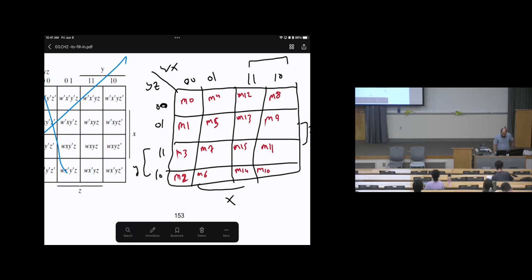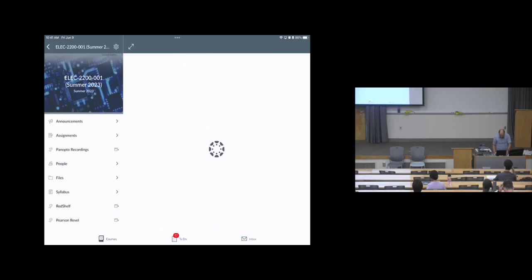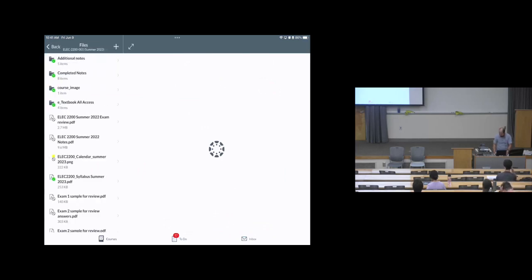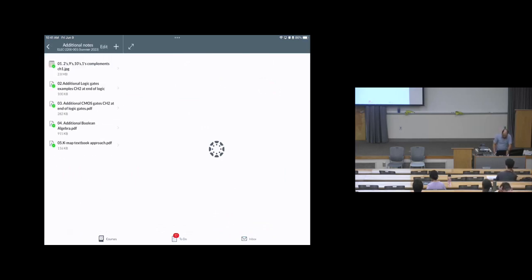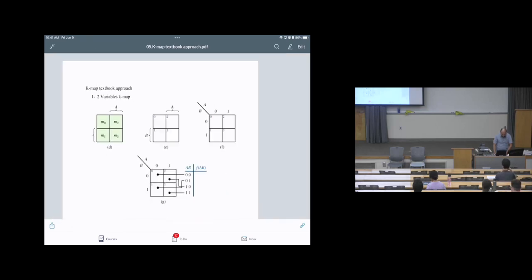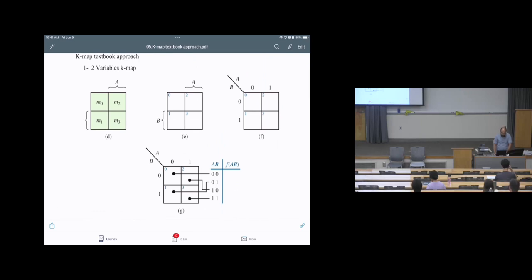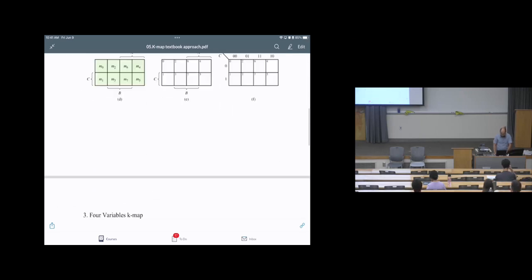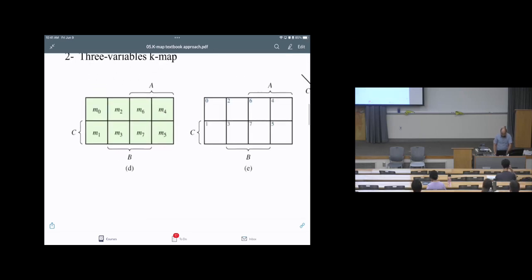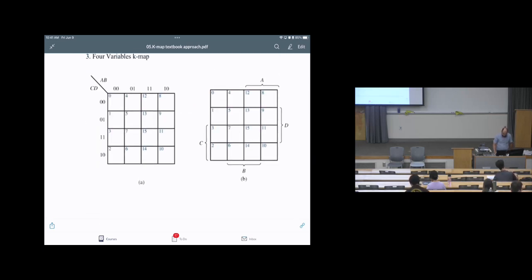In case you mess up the counting, or to make sure everything is all right, you can go to Canvas. You will see Files, Additional Notes. You will see here Karnaugh Maps textbook approach. So here is the overall, in case you want to make sure everything's all right. This is how we do it for 2 variables, for 3 variables, and for 4 variables.